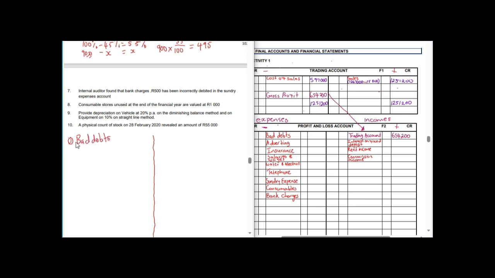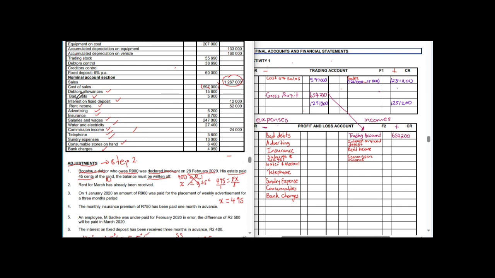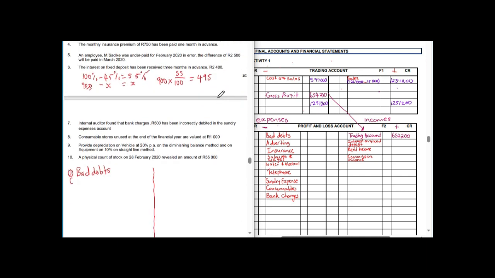Since we are talking about bad debts, we are going to write bad debts. Under bad debts, I'm going to have my opening balance from my pre-adjustment trial balance, my step number 1. From the pre-adjustment trial balance, my bad debt is how much? It's 5,900. Then I'm going to take my 5,900 plus the amount that needs to be written off, because now it's an expense.